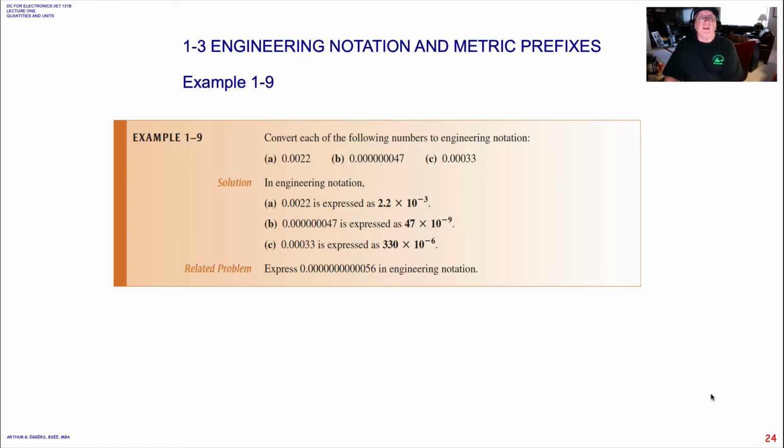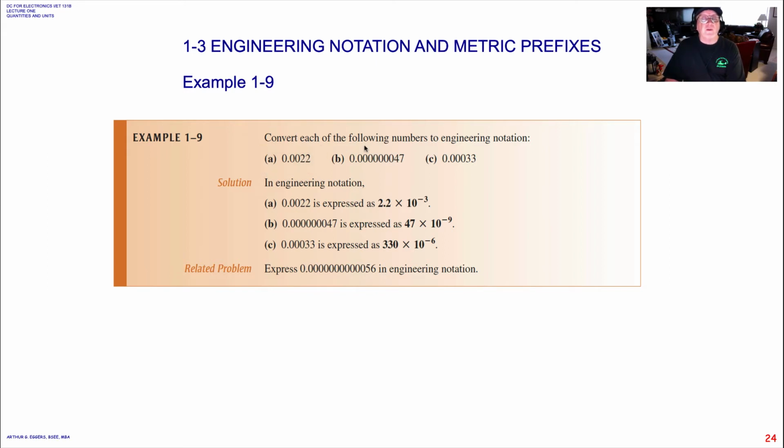So now looking the other way, we're going to look at the decimal equivalents using the engineering notation. In this case, we're going to look at what I need to do to move this decimal point, 0.0022, over so that I get some factor of 10 to the third. Well, because we're moving the decimal point the other direction, we're going to end up with a negative exponent.